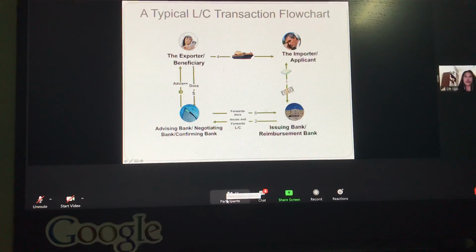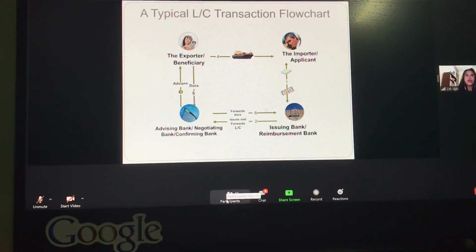After receiving the documents at step number 5, suppose that the nominated bank makes a decision on negotiation. I mean that the nominated bank negotiates the documents.